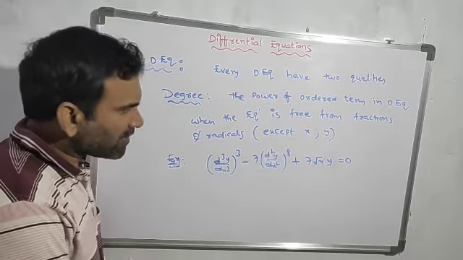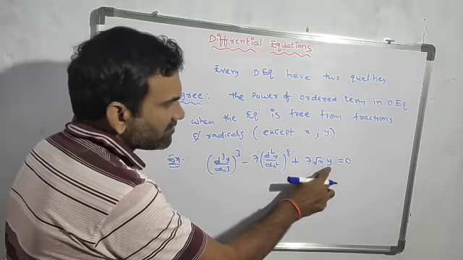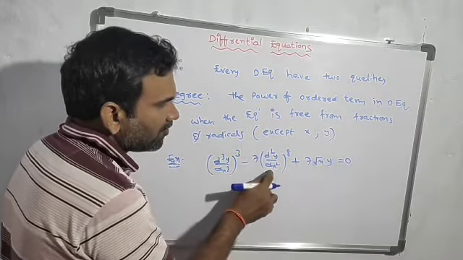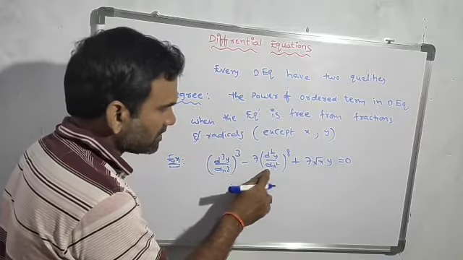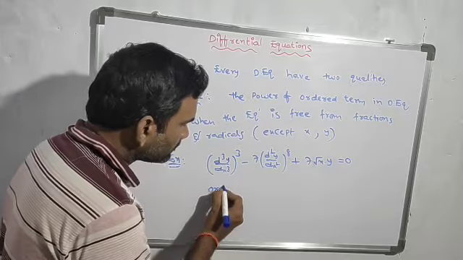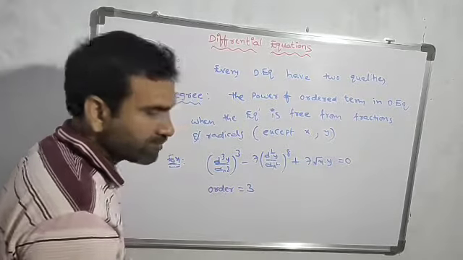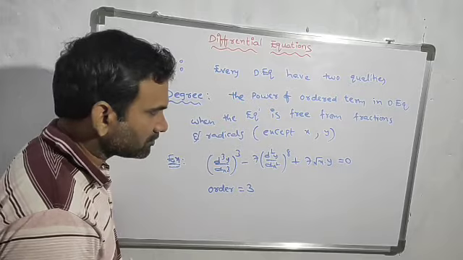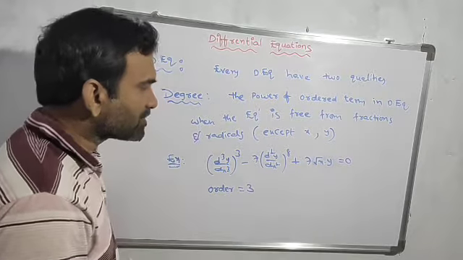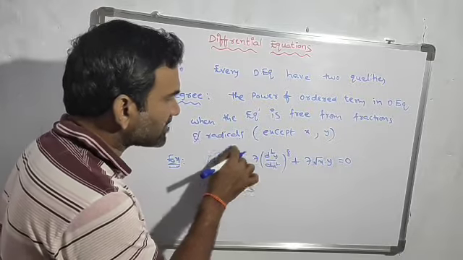Suppose you observe that the dependent variable y is differentiated 2 times, and y is differentiated 3 times. So what is the order? Highest, it is differentiated 3 times, so order is 3. You just observe this power: are we having a fraction?